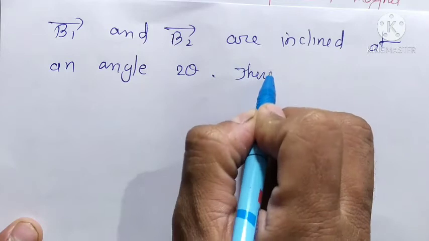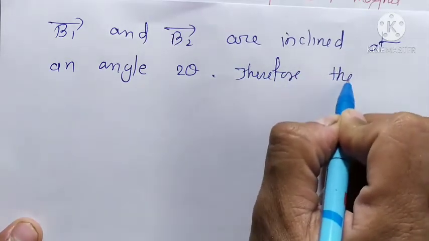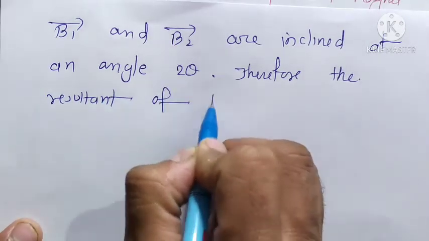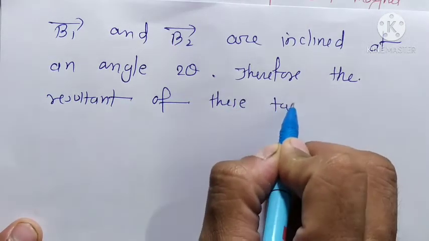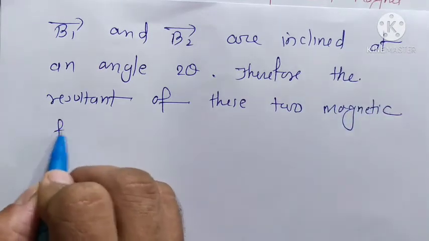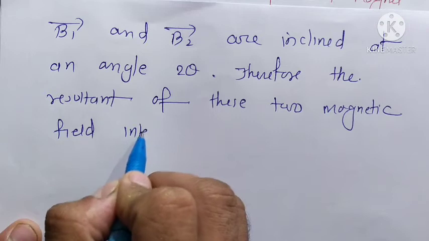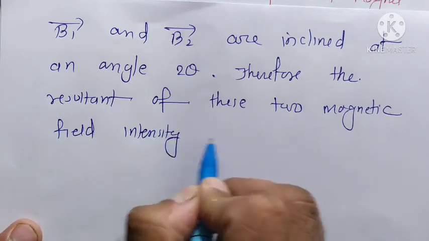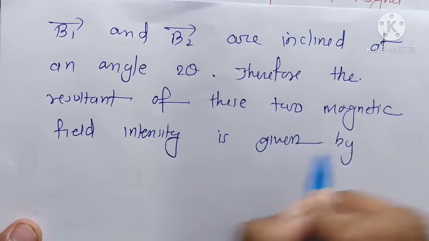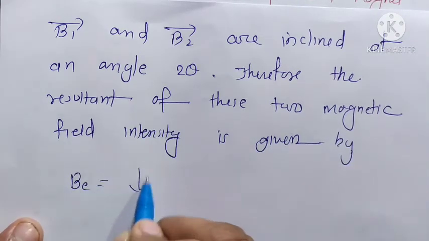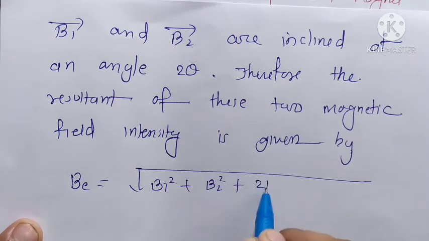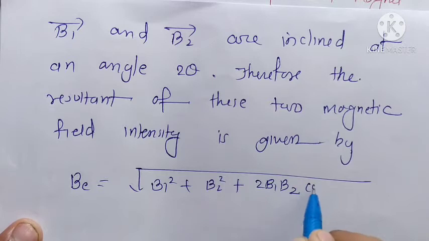Therefore the resultant of these two magnetic field intensities is given by BE equal to the square root of B1 square plus B2 square plus 2 B1 B2 cos 2 theta.